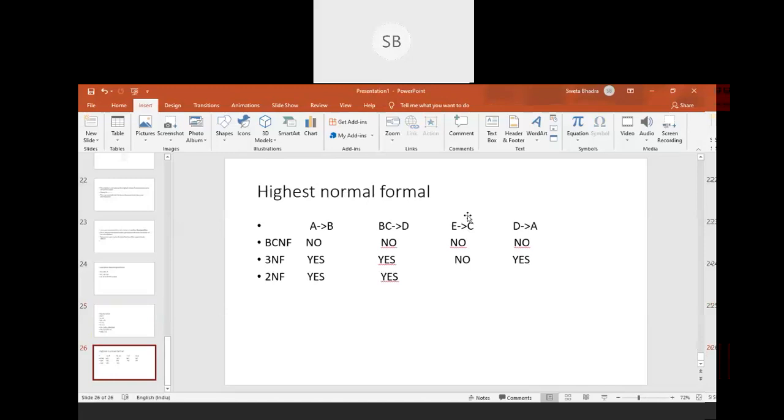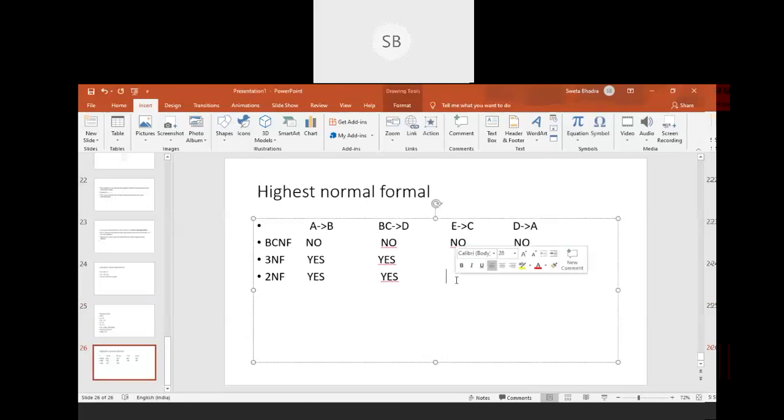So obviously it is having partial dependency. So it is not in 2NF. Ultimately, if it is not in 2NF, the table is in 1NF. By default I told you the tables are in 1NF, right? So the answer is 1NF.